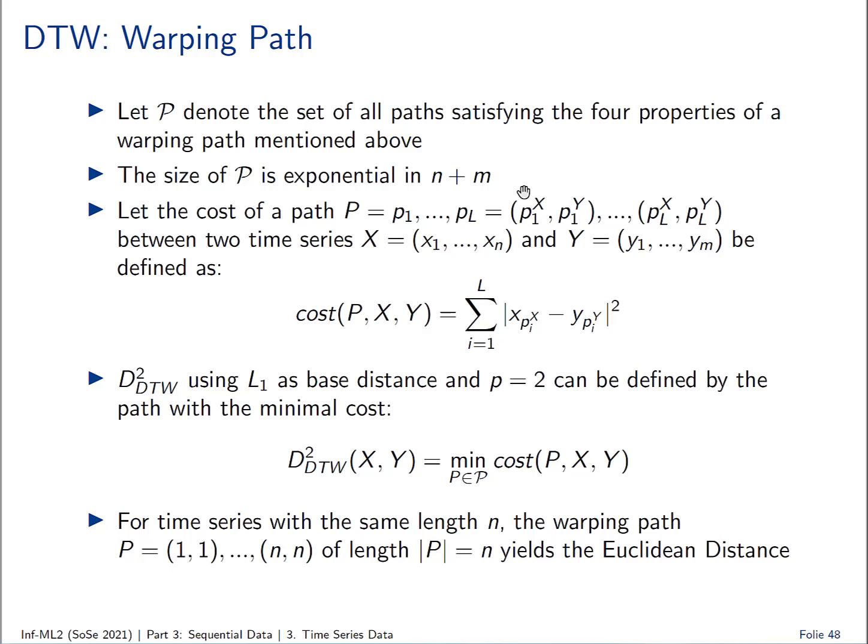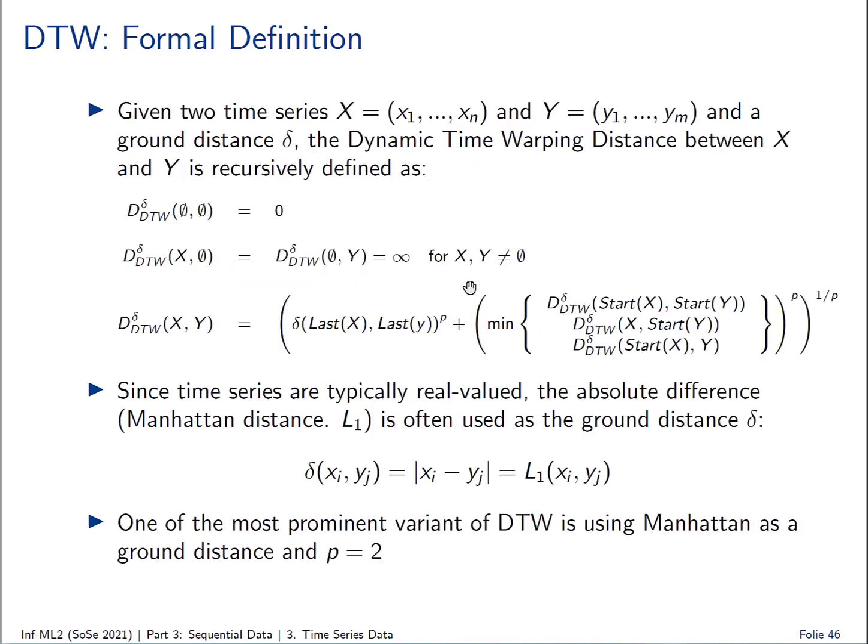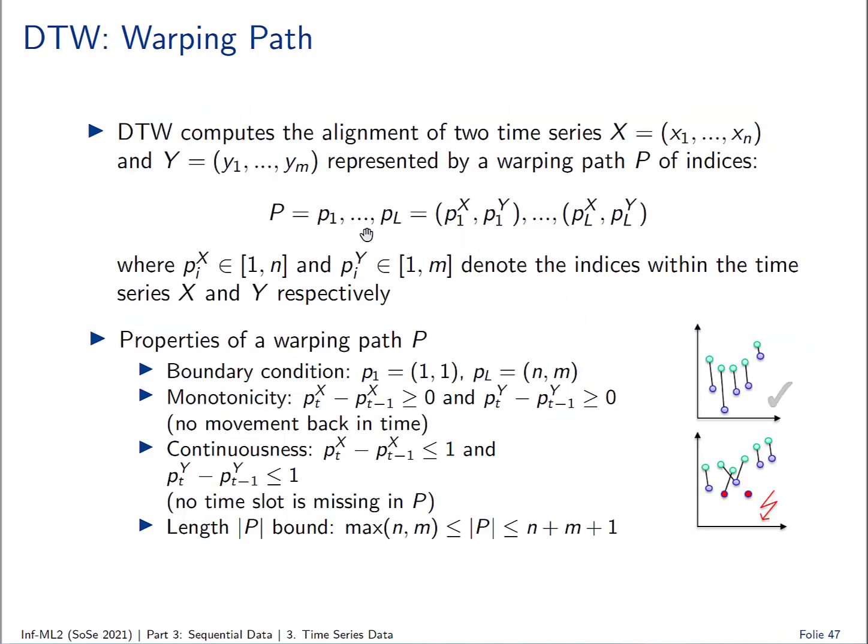And if you allow warping, and that's the basic idea of dynamic time warping, then you have this basic recursive pattern. First of all, you can do that by computing the optimal alignment and taking the cost of this cost minimal alignment.